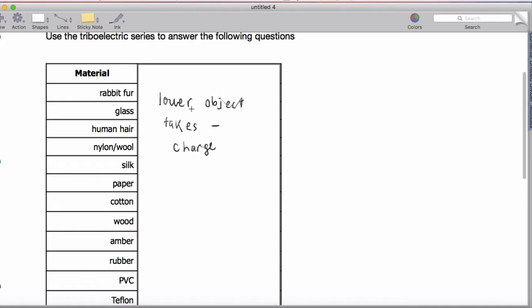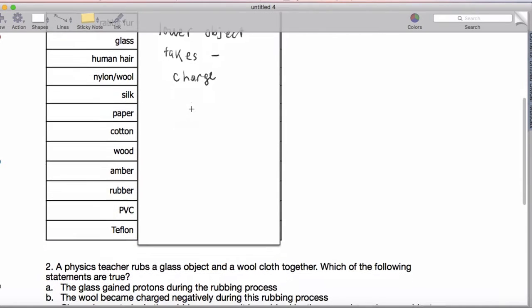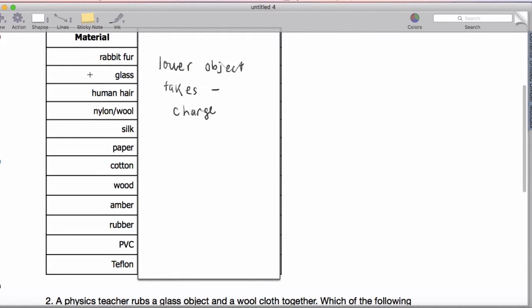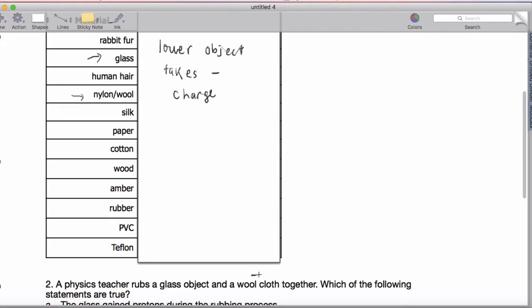Here, we have a problem where we have a glass object and wool cloth rubbed together, and we want to know which statements are true. Well, first, since glass is here and wool is down here, this tells us that the wool cloth is going to be negatively charged and the glass object is going to be positively charged.